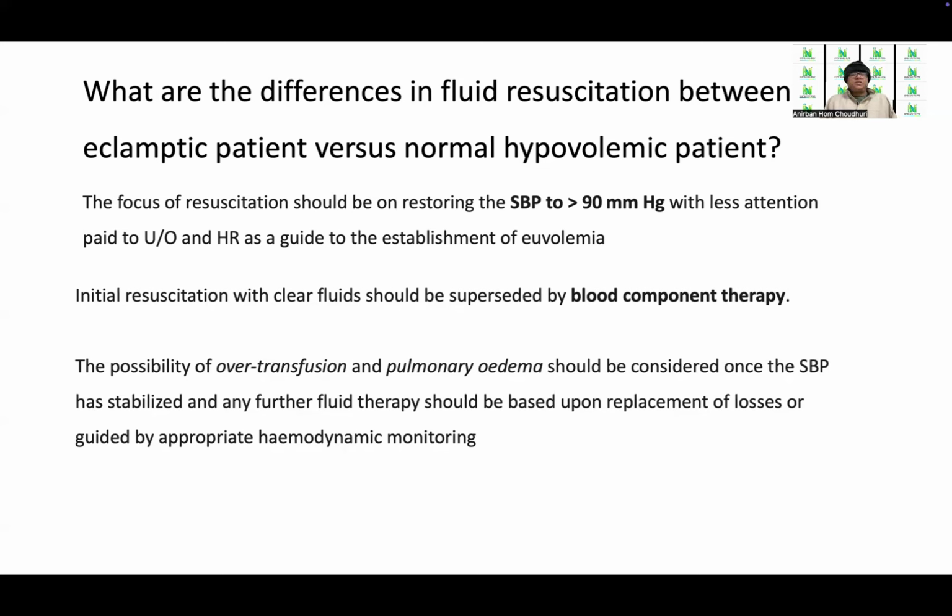Initial resuscitation with clear fluids should be superseded by blood component therapy so that adequate osmotic pressure is maintained, and the possibility of overtransfusion and pulmonary edema should be considered. Once the systolic pressure has been stabilized, any further fluid therapy should be based upon replacement of losses or guided by appropriate hemodynamic monitoring.